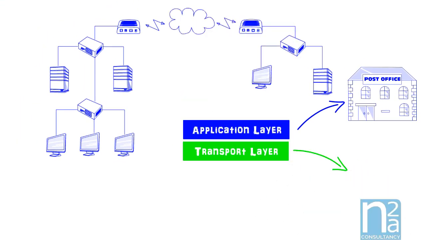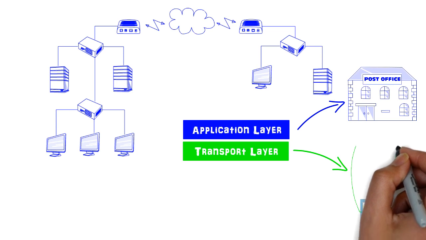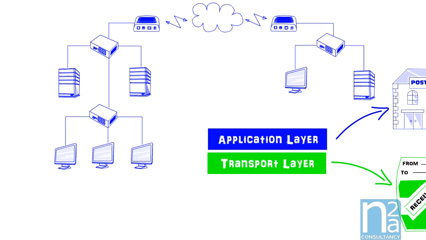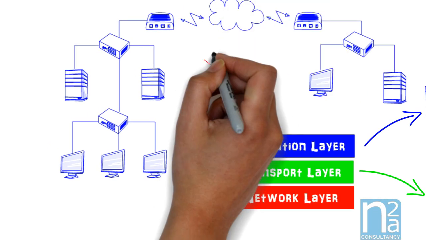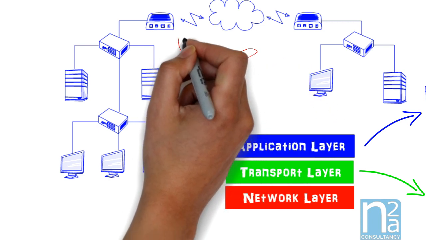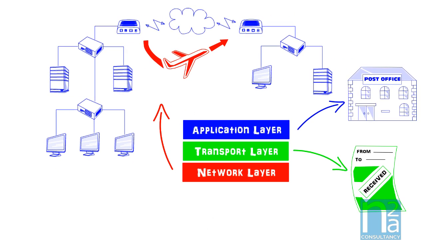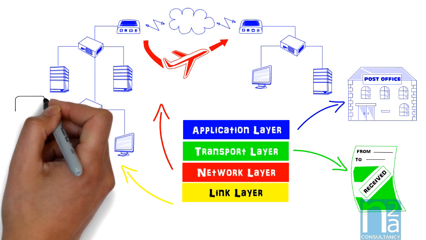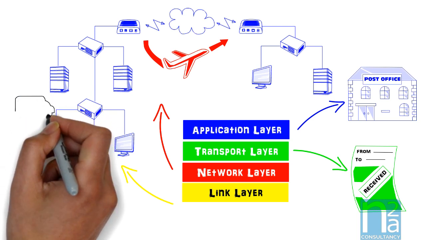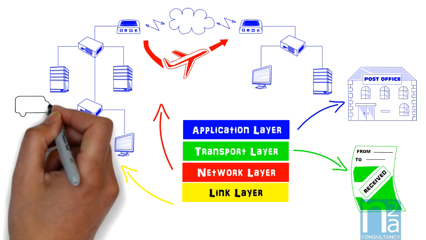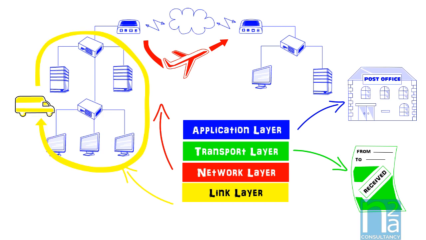Just under it is the transport layer, which is in charge of checking that the information has been delivered correctly. Through the network layer, which allows the data to hop from one local network to another through routers. Last, the link layer is in charge of transferring the information locally through switches. The Internet provides a safe way to transmit data from one point to another, across switches and routers, but all these mechanisms are too slow for real-time applications.